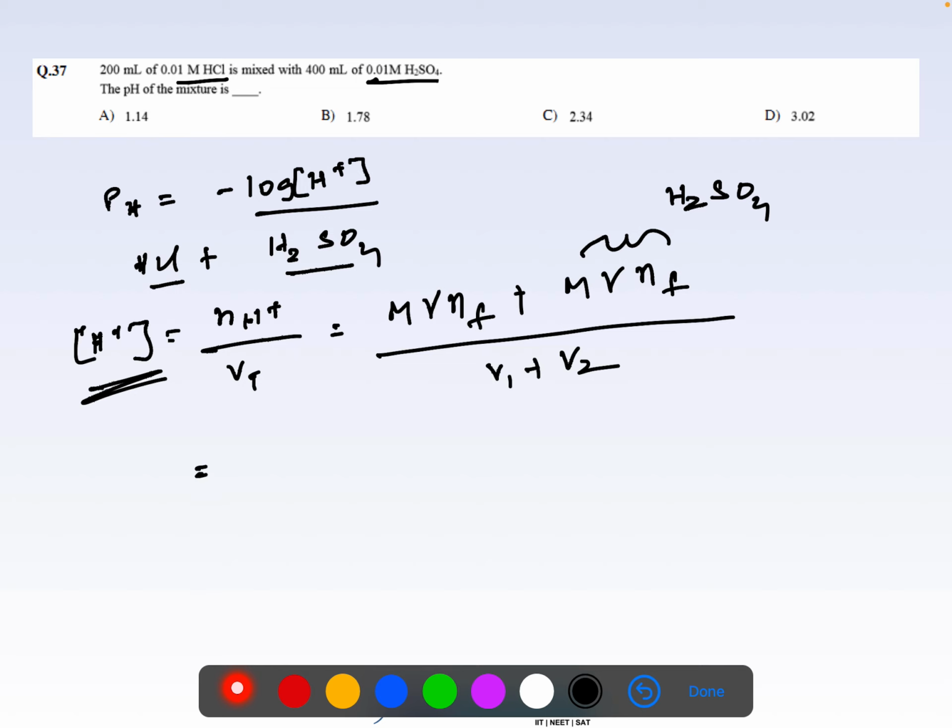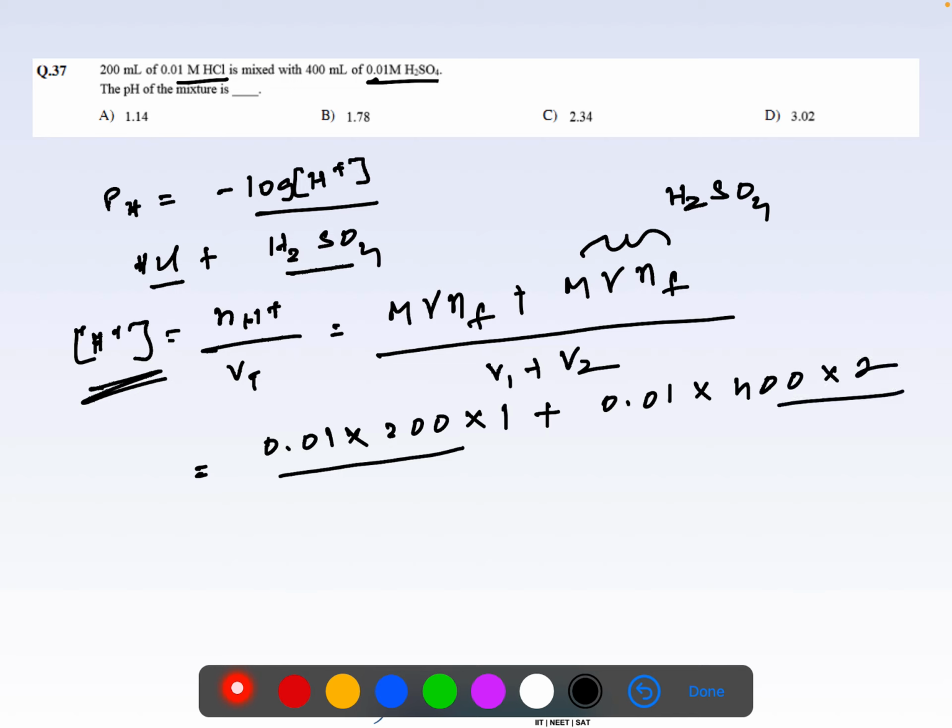So here the molarity of HCl is 0.01, volume is 200 ml, and n factor is 1 because HCl will produce only 1 H plus ion. For H2SO4 molarity is 0.01 and volume is 400 ml and n factor is 2 because H2SO4 is a dibasic acid. And the total volume is 400 plus 200, this is 600 ml. So 0.01 into 200 into 1, this is 2, and this will be 8.